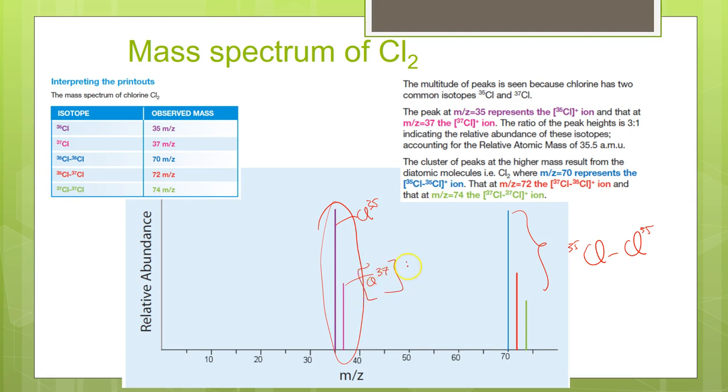Remembering that these, of course, would be the positively charged species of each one. Okay, so they're actually positively charged because the machine is seeing them. So when this bond breaks, we are seeing the consequence of that, and you'll notice that because more chlorine 35 would be present, because it has a higher relative abundance and is present in more of the combinations, we actually see more chlorine 35 in the spectrum here.